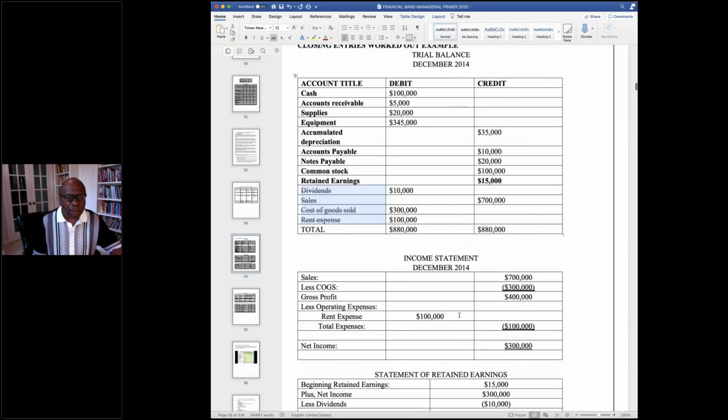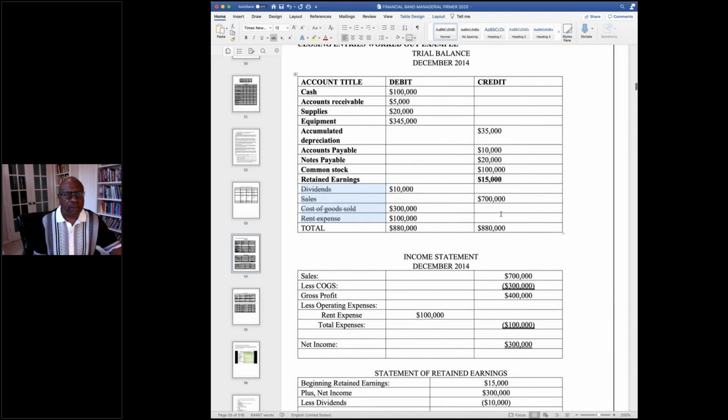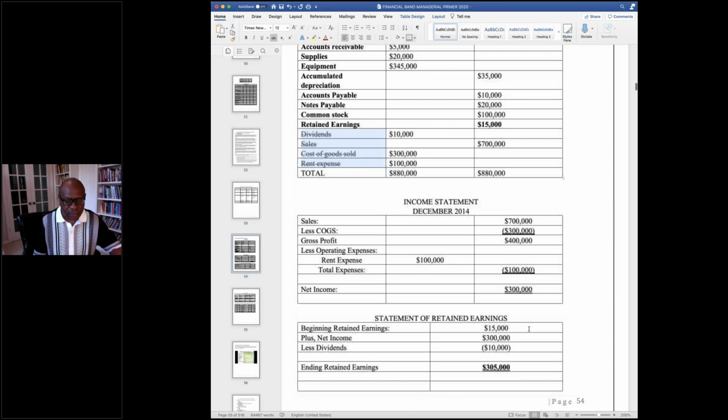So let's do an income statement. We're going to start here at sales, 700,000, cost of goods sold, 300, gross profit, rent, total expenses, 100, net income, 300,000. Then we're going to do our statement of retained earnings.